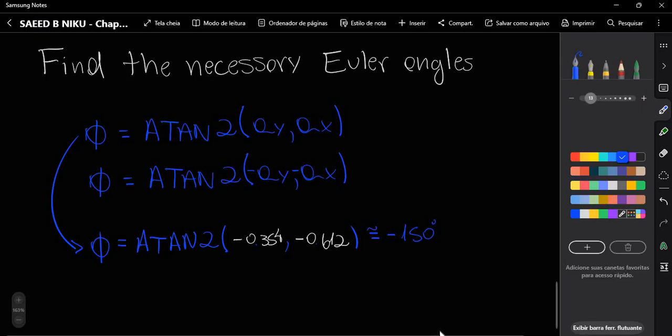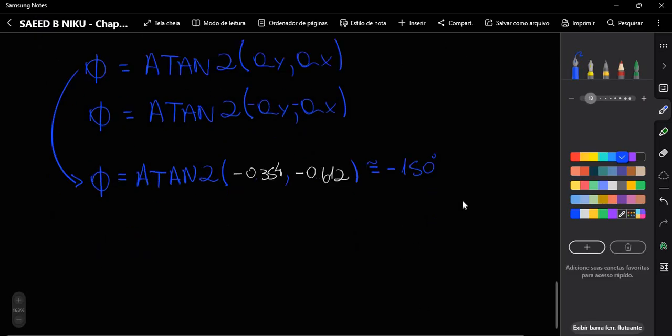And right now we have appendix A on the book, and it gives us something that we can consult for this type of problem.